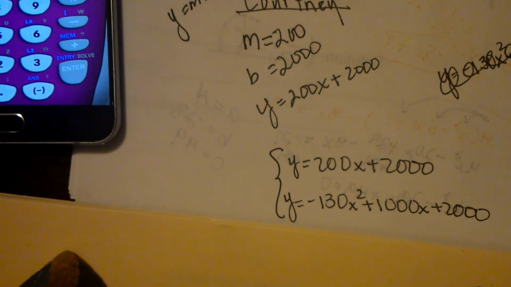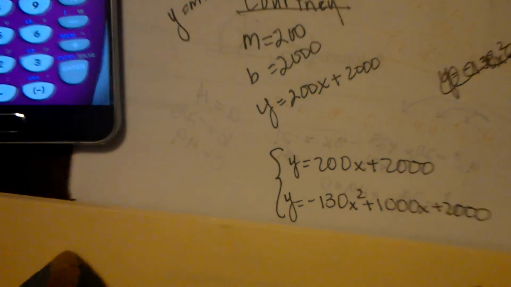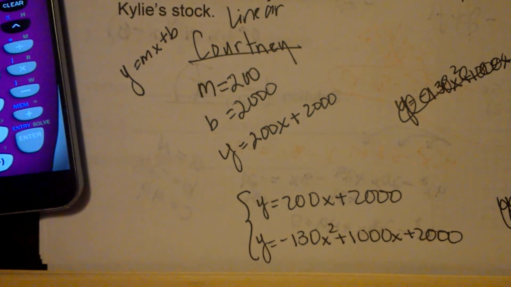And all the question asked me to do was formulate. So I formulated. And I got my system to be y equals 200x plus 2000, and y equals negative 130x squared plus 1000x plus 2000. So all it says is formulate. I formulated. Those are my equations.